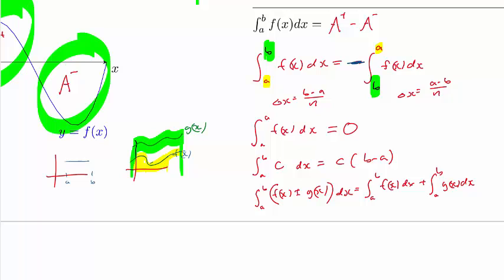Alright, now let's say I'm taking the integral from a to b of a constant times a function of x dx. Well, I can just pull that constant out like this and have an integral that goes from a to b of f of x dx. And why can I do that? Well, what does a constant do? It's just a scaling factor.